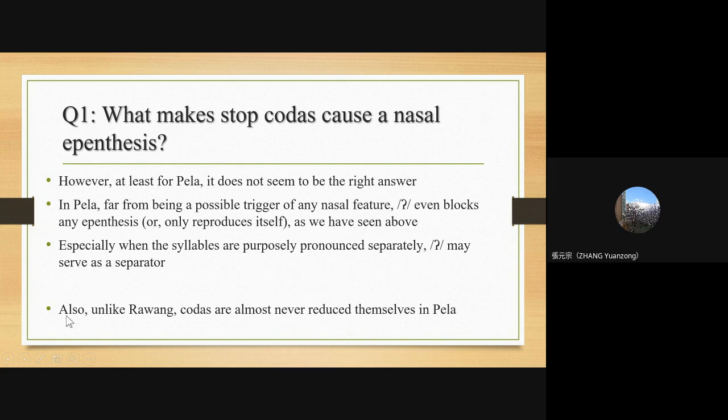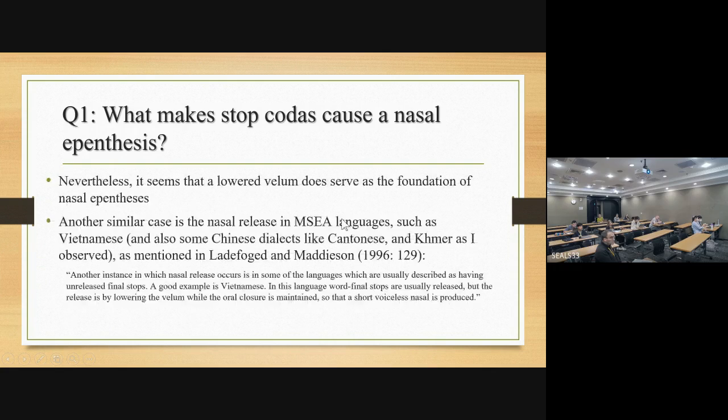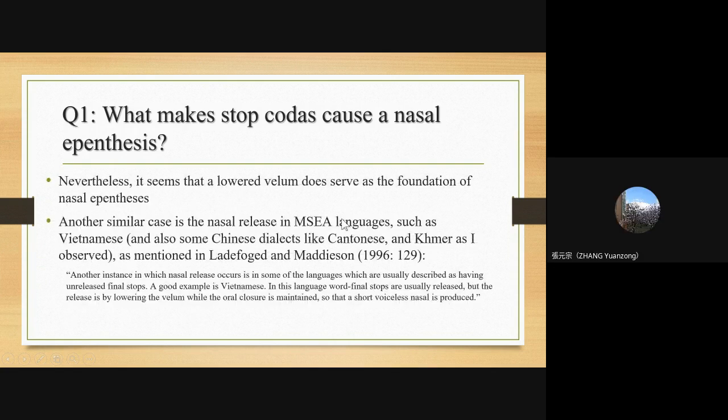Also, unlike Yuanzong, the stop codas almost never reduce themselves in Pela, so they never become glottal stops themselves. But the idea is still important: it seems that a lowered velum does serve as a foundation of nasal epenthesis.